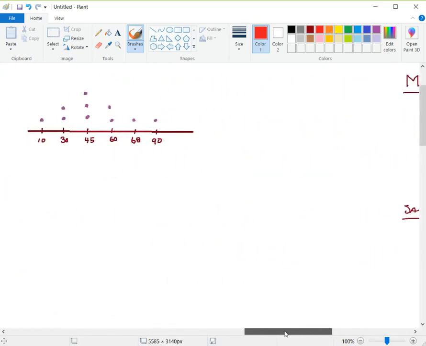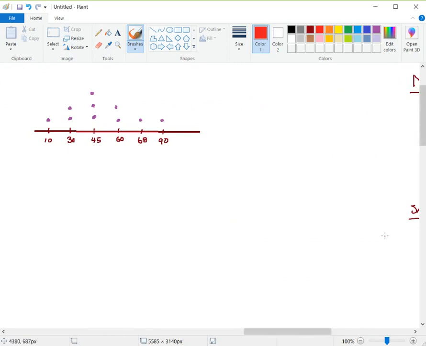Let's look over here. I've got a dot plot set up because I want to talk about percentiles, another positional indicator.